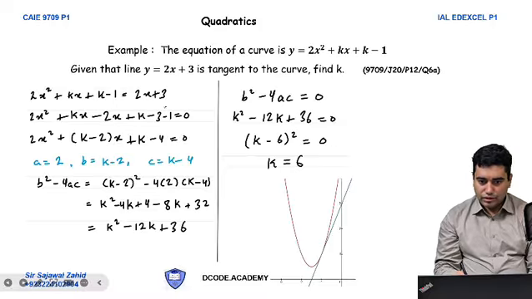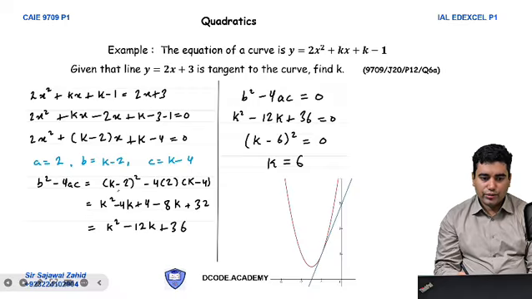Here we have done the process. First we equate the quadratic equation to the line and move the terms to the left side. We combine the coefficients of x, taking x common from kx and minus 2x, so that we have the a, b, c terms of the quadratic equation. Here you can see a is 2, b is k minus 2, and c is k minus 4.